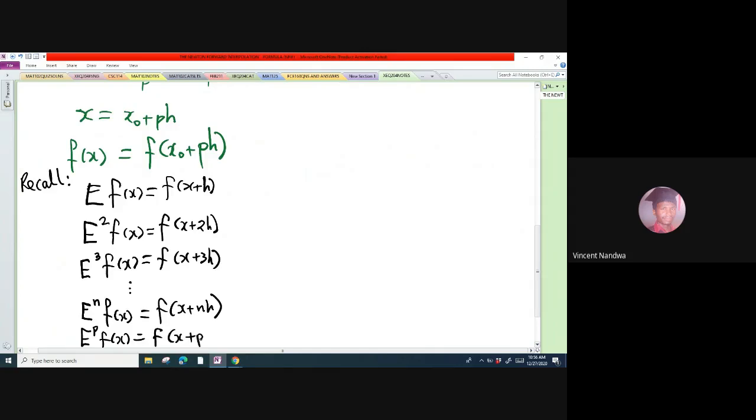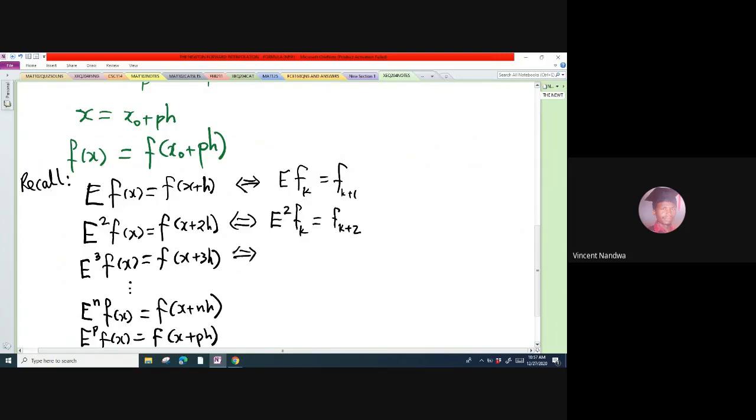In a similar manner, we can write E fk as fk plus 1, and E squared of fk is the same as fk plus 2.